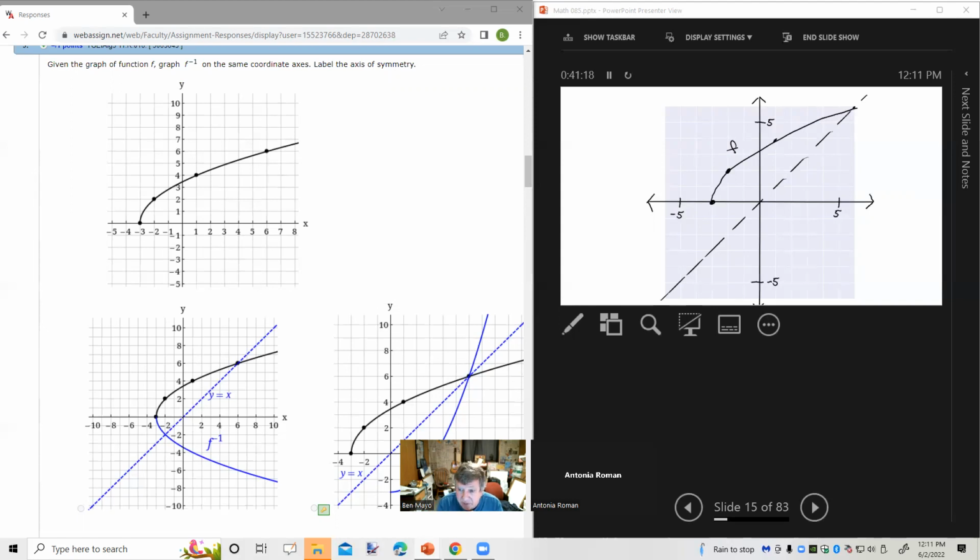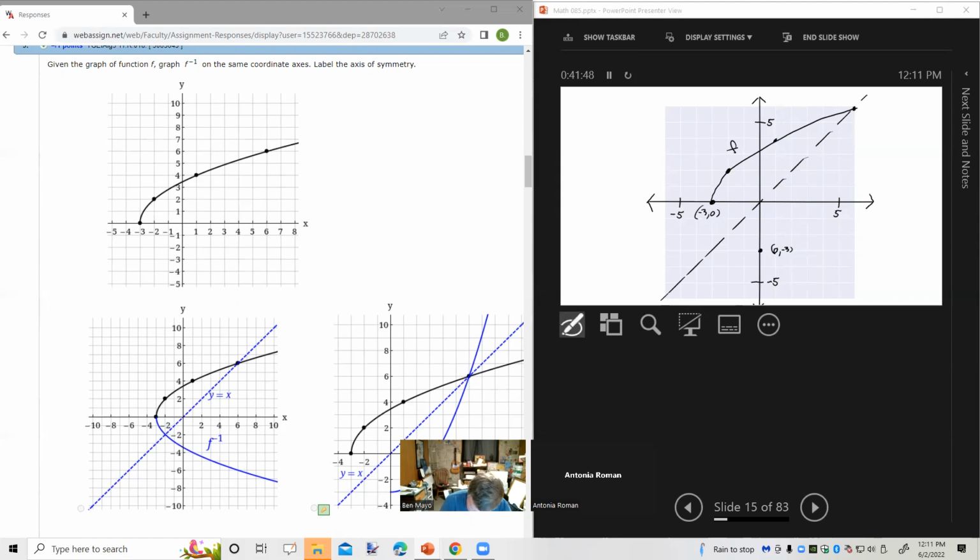Recall several things about functions and their inverses. If you've got a set of ordered pairs for a function, if you switch the x and y's around, you get sets of ordered pairs for its inverse. So for instance, this is -3, 0. So the point 0, -3 would be on the inverse. You following that?